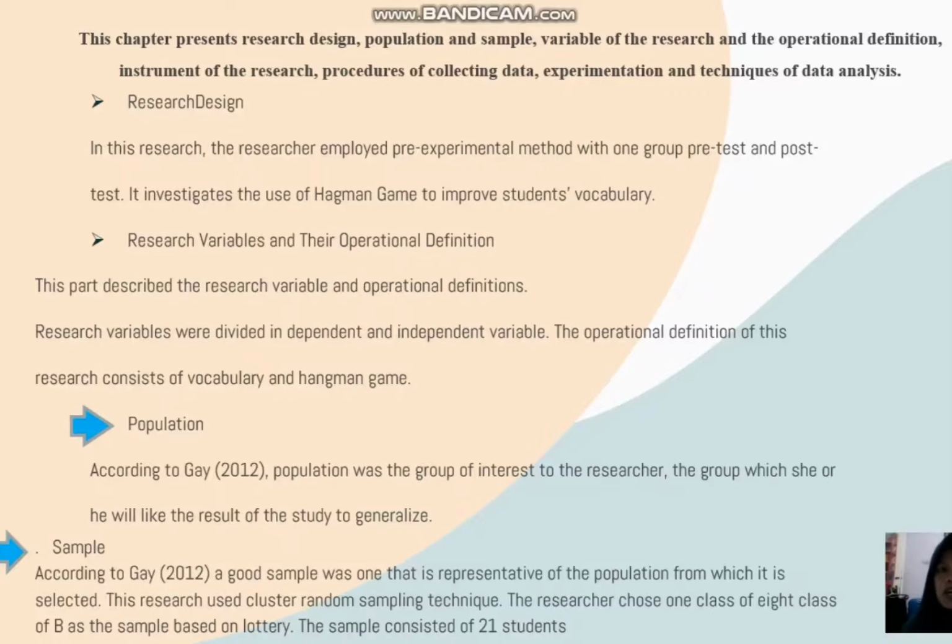These parts describe the research variables and the operational definition. Research variables were defined as independent and dependent variables. The operational definition of this research consists of vocabulary and Hangman game.